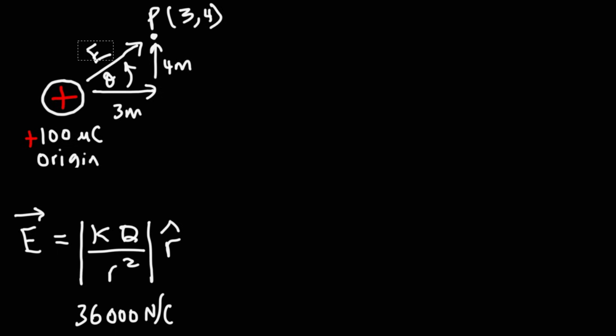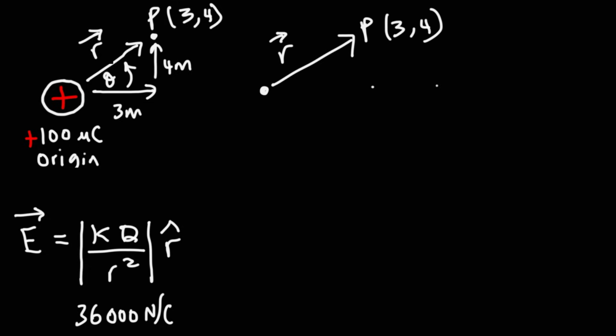Now, the position vector is a vector that points from the source or the origin. In this case, the source charge or the point charge is at the origin. So the position vector, I'm going to redraw it, is the vector that starts from the origin and goes to the point of interest. The point is 3, 4.